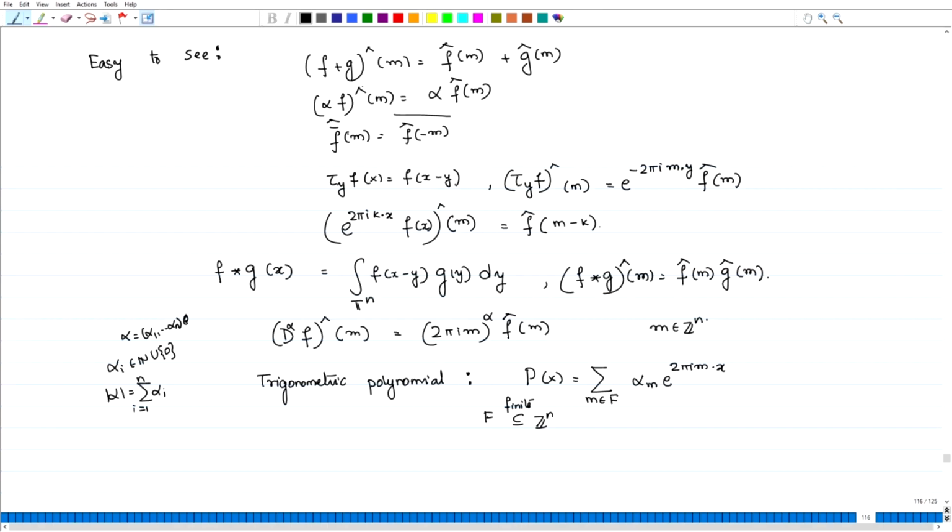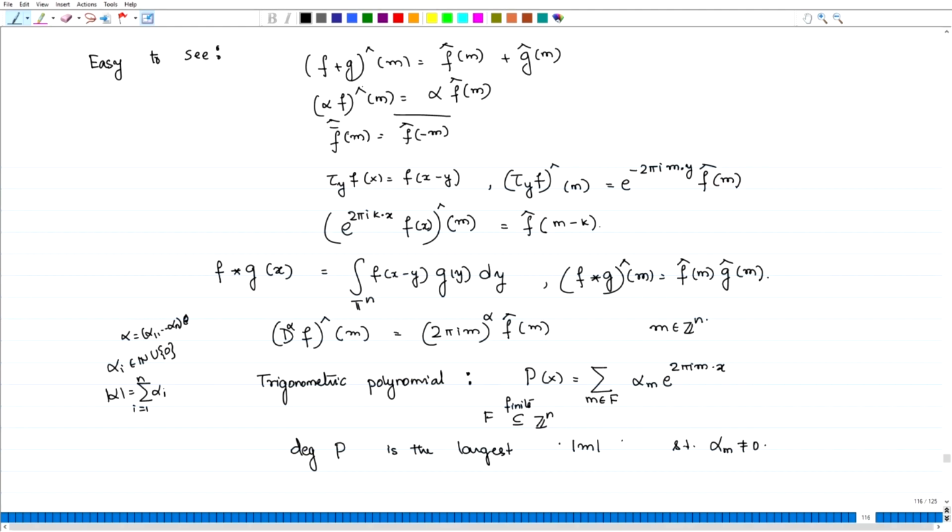This is the trigonometric polynomial. The degree of P is the largest number of |m|, that is m1 plus up to mn in absolute value, such that alpha m is not equal to 0.